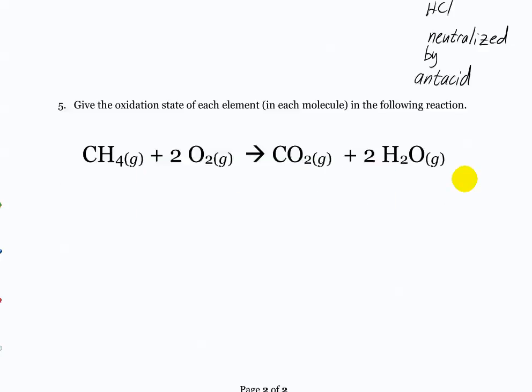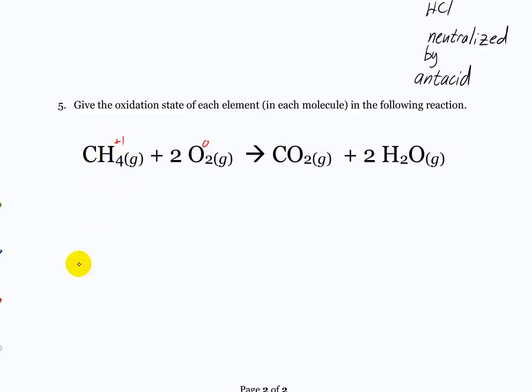And then the oxidation state of each element here. Got to remember those rules, right? Let's start with the easy ones first. What's the oxidation state of oxygen in O2? 0, right. Okay. What's the oxidation state of hydrogen in CH4? +1.